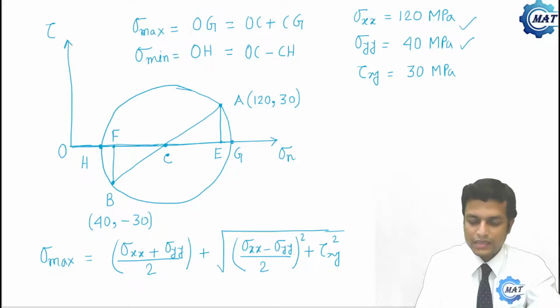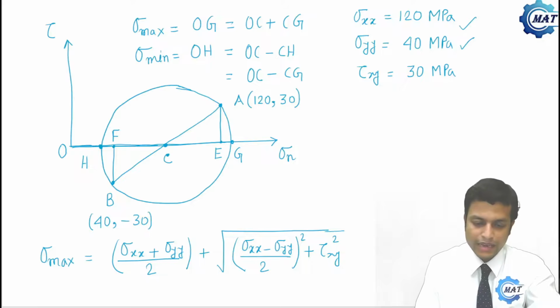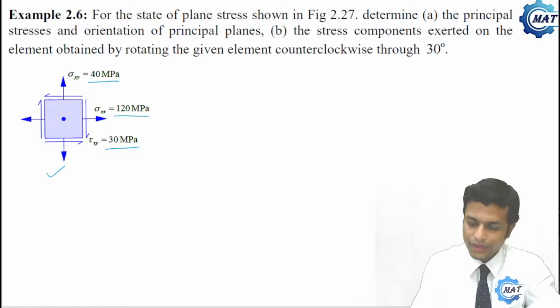CG and CH are the same because both are radius. So this is also OC minus CG. From geometry we have already calculated the principal stresses, sigma max and min.